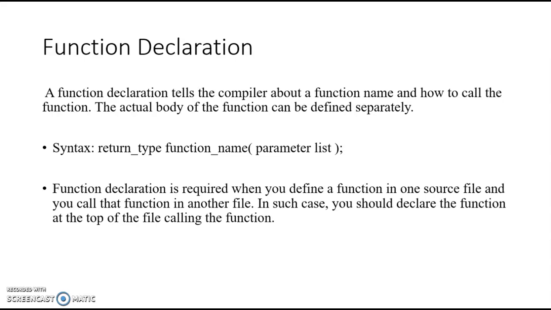Just keep in mind, the function declaration is like a return type, function name and the parameter list and semicolon. That's it. There is no function body in the function declaration. Fine. Now we'll see how we are going to call the function in the program.